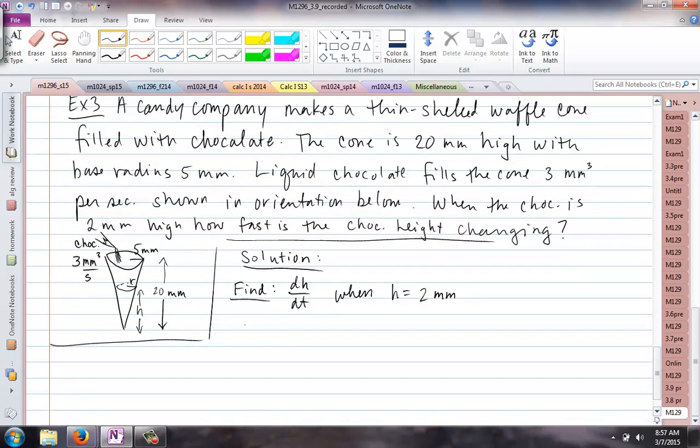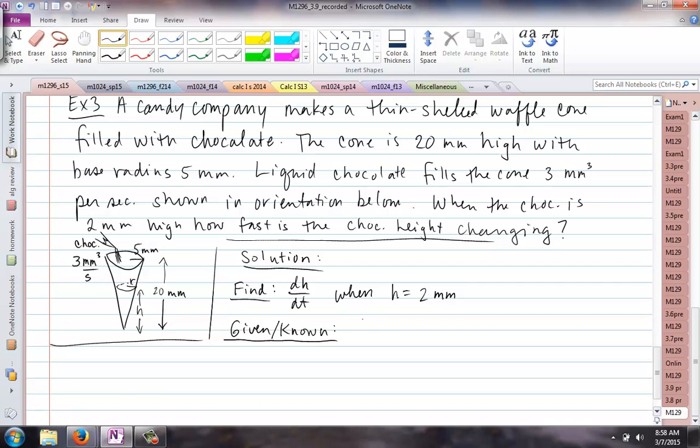Now we'll start writing down some things that are given or known, and you don't have to write everything down. There's a lot of information in the picture, but a biggie is that you need to have the rate identified. We were given a rate of 3 millimeters cubed per second. The units are not something you'll have to worry about converting, but they help you identify what the rate is.